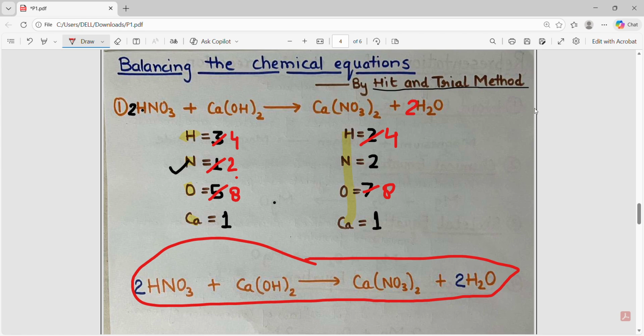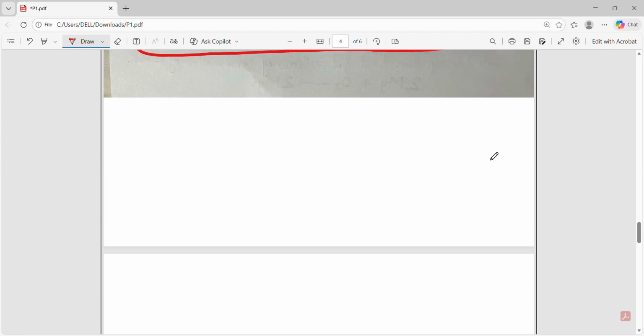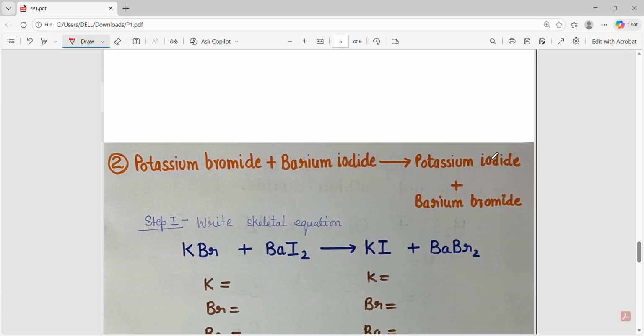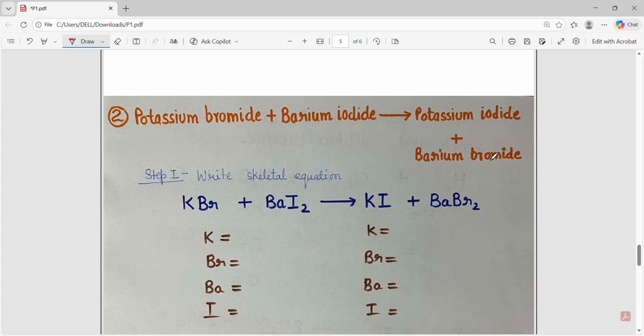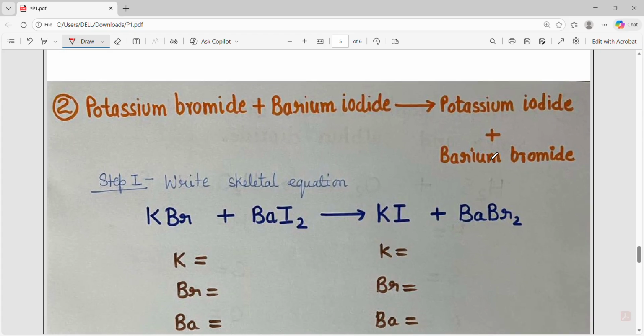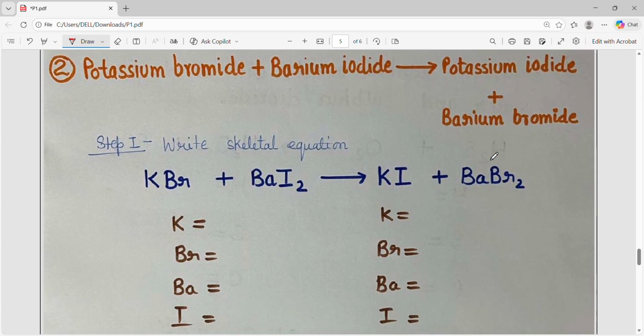Now moving towards our next type of balancing the chemical equation, which is given as a word equation. The first step is to write the word equation in its skeletal form, and then we balance it.